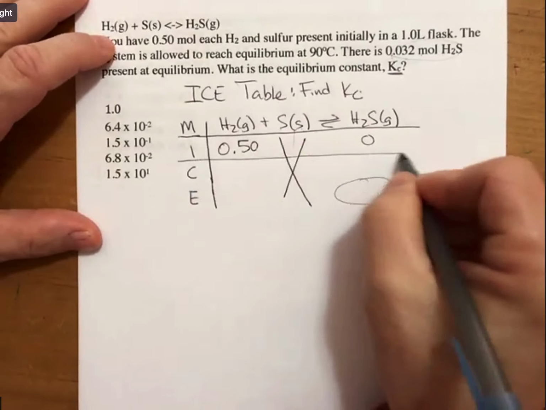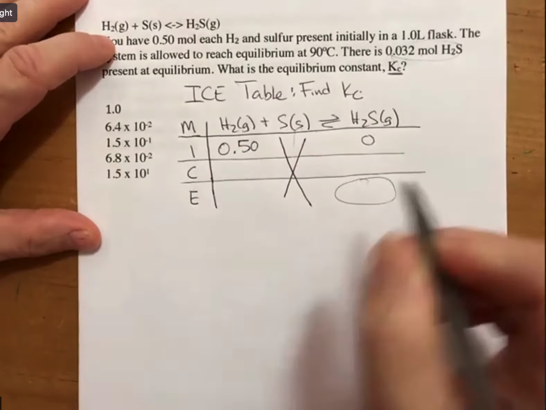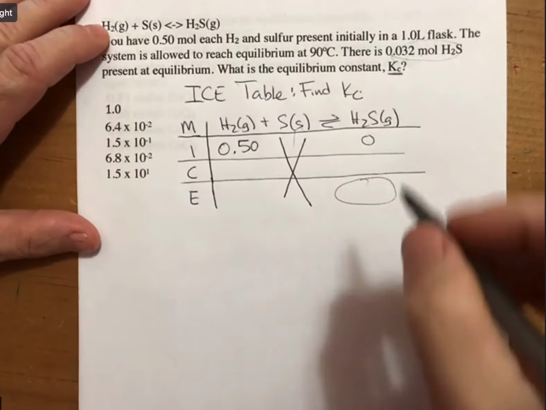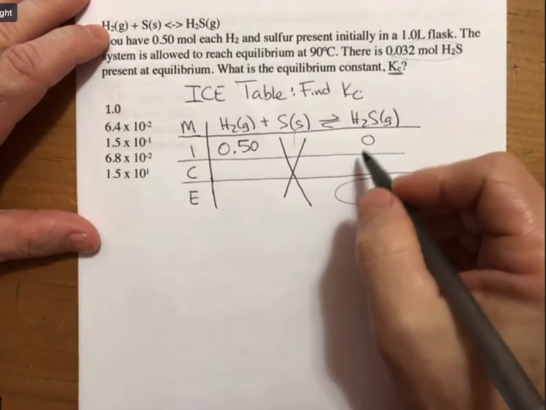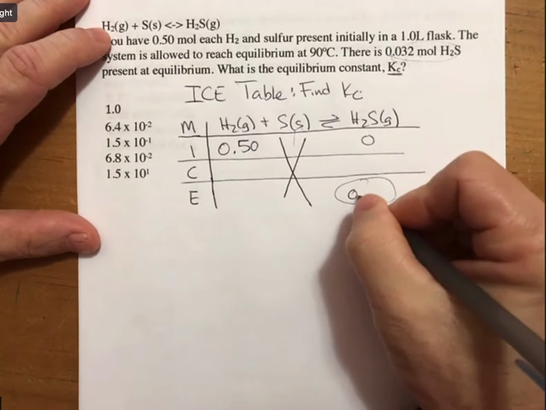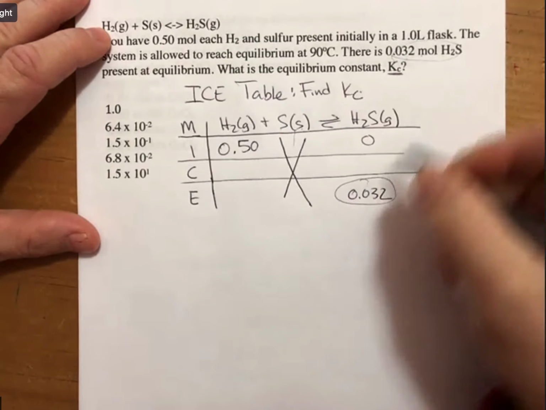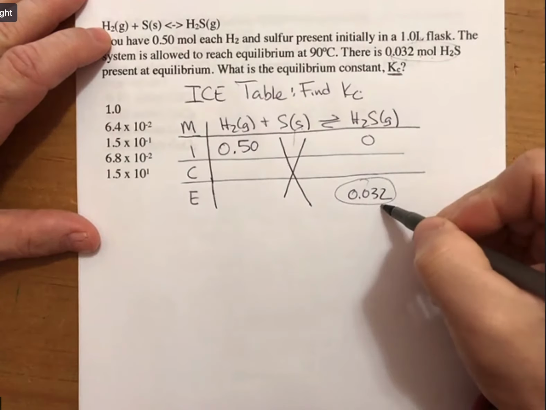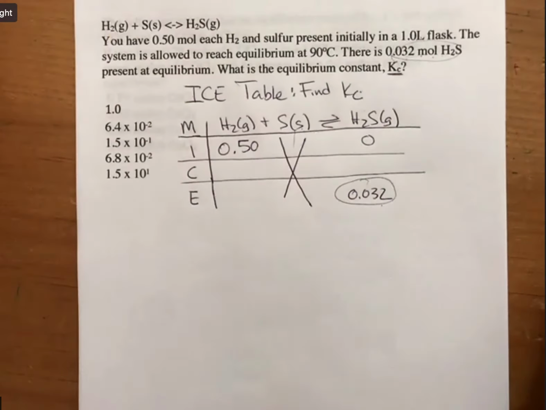And I think I did this on the lecture outline too. There are 3 rows here, and what we're saying is that the concentration of our H2S is 0.032 moles per liter. That's why this number goes here. Jump in anytime if you have any questions.